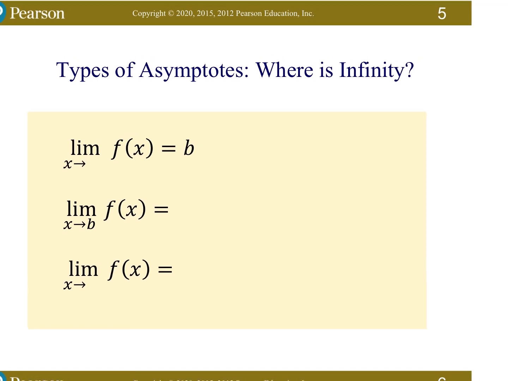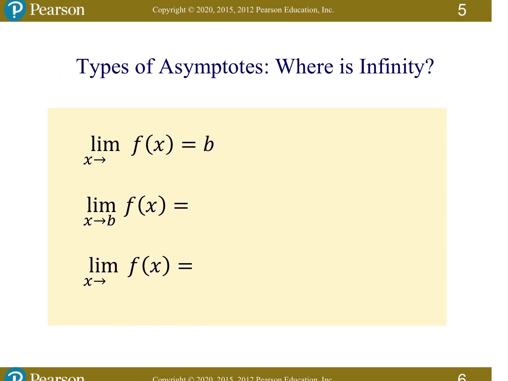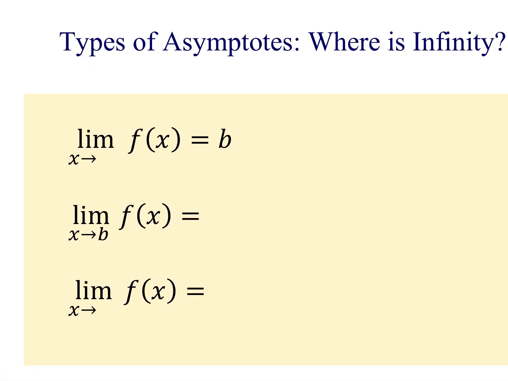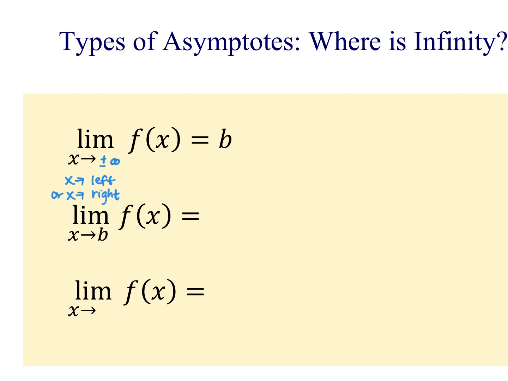So the type of asymptote that infinity is connected to depends on where infinity is in the limit setup. All right, so if infinity is what we are approaching, so as x approaches the left or as x approaches the right side, if that is equal to b, where b is a constant, what that means is that your graph is leveling off.